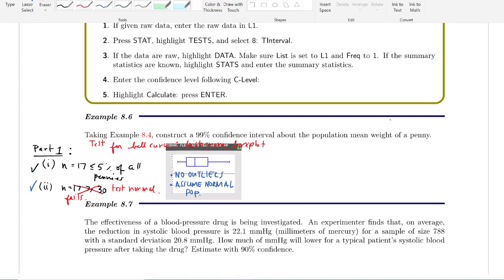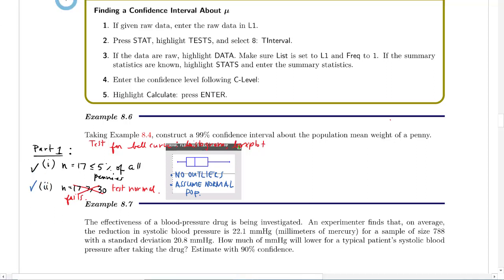Okay, so once part 1 and part 2 are done, because we have determined now that the data has come from an approximately normal population, we can go ahead and calculate the confidence interval. So let's go ahead and do that.